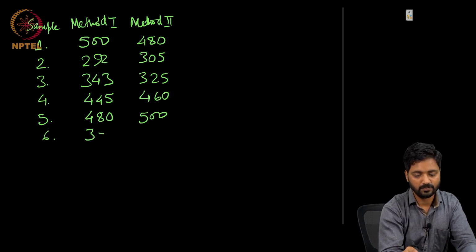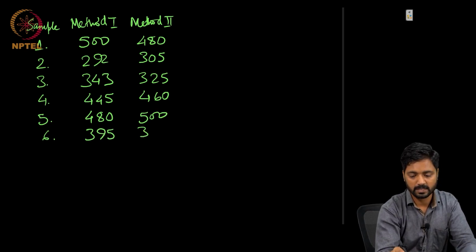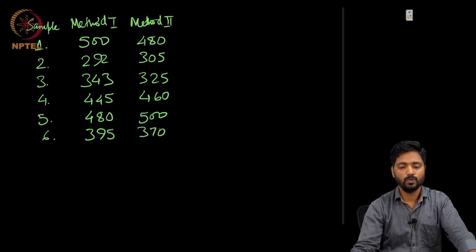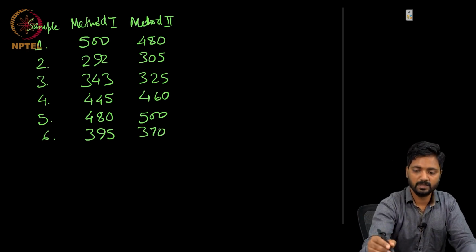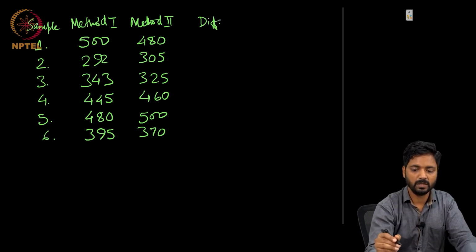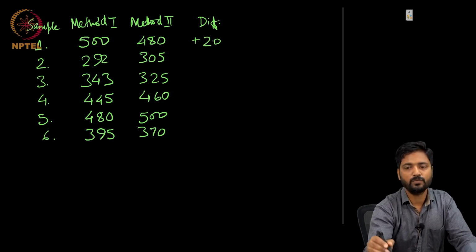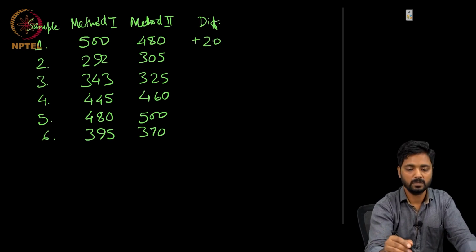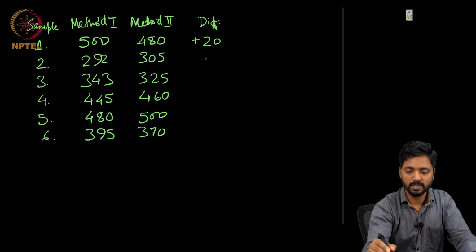and 395 and 370. So, what we do is we calculate the difference between the two methods, and the difference will come out to be plus 20 in the first case. So, method 1 reports more than method 2. In the second case, method 2 is reporting more.